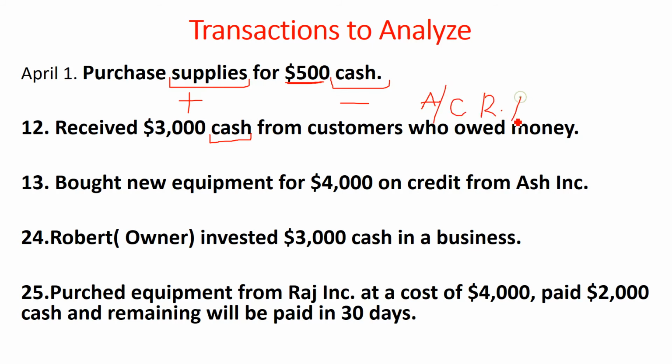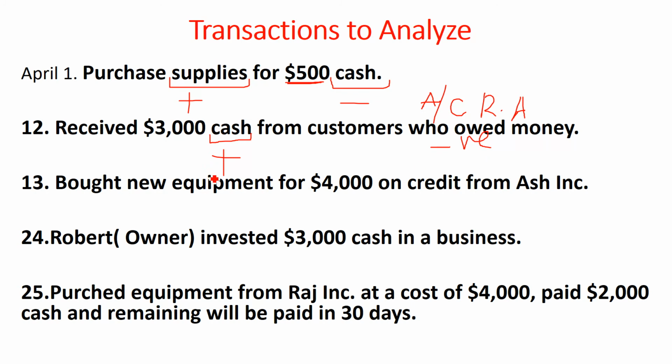Why? Because now you have performed services on account for different customers. Suppose ABC. Now you are receiving that amount. So when you receive cash, your cash will increase. Accounts receivable was 12,000. You are receiving 3,000, so it is decreasing, because at the end you have only 9,000 left. Right?